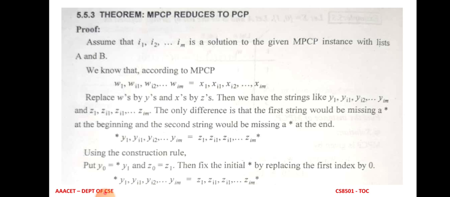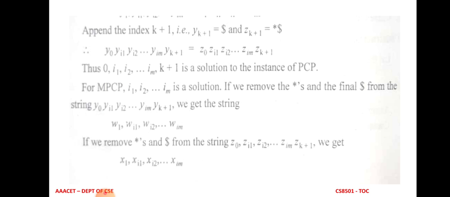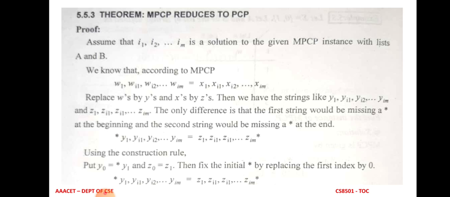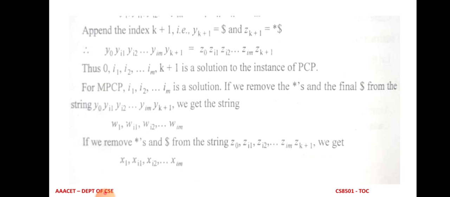So it can be replaced in the second statement. And also we have to append the particular index value k plus 1 for the conversion of MPCP into PCP. So at the end of each statement we append the value k plus 1.